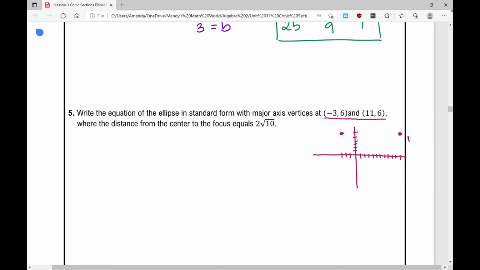Right there, 11, 6. That tells me that my major axis is horizontal. So I'm going to write that down. That's horizontal.